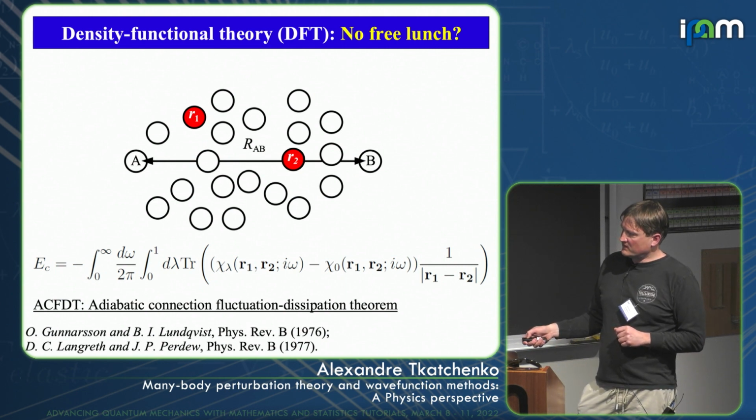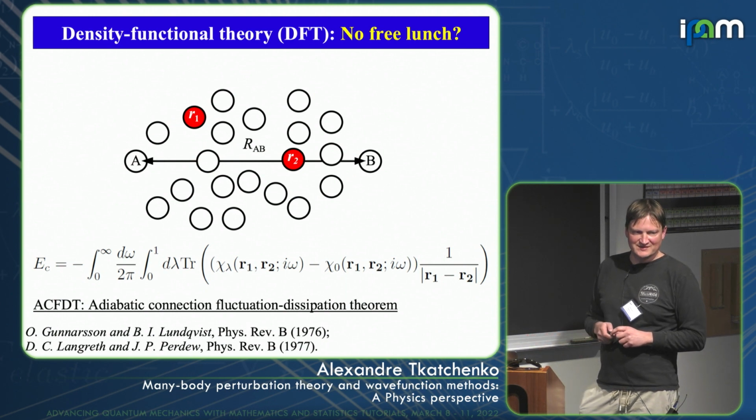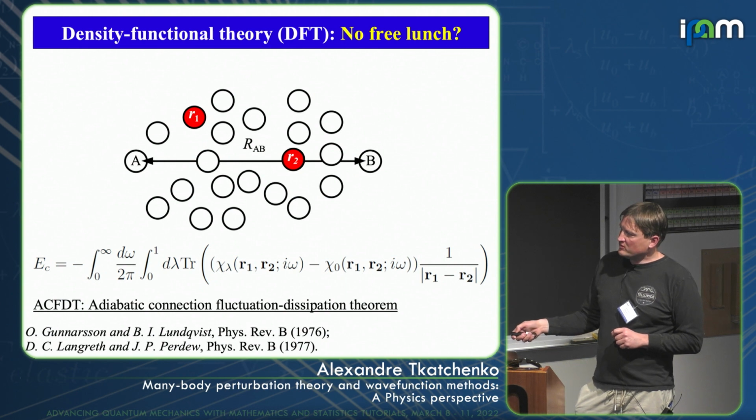So if someone gave you this function, which is a 7-dimensional object, right? Well, it's actually an 8-dimensional object because you also need it as a function of lambda. This is called the adiabatic connection parameter. So all you need to do then is to compute this integral.